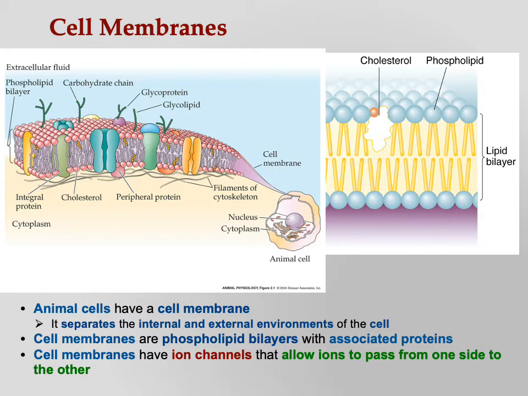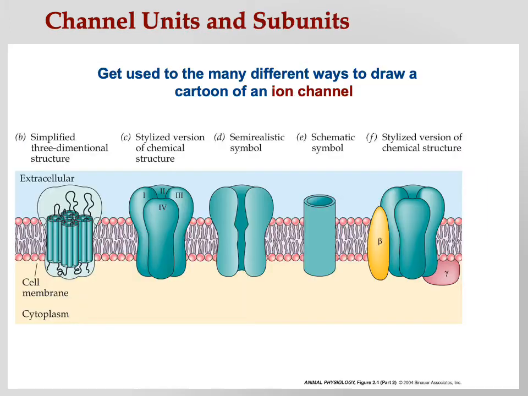So we have channels that allow ions to go through. Remember, ions are charged particles and they can't diffuse through the phospholipid bilayer. Hydrophobic molecules can, very small molecules can diffuse across. Ions cannot because they're charged. So if we want ions to move back and forth across the cell membrane, we have to have channels for them. That's what ion channels do.